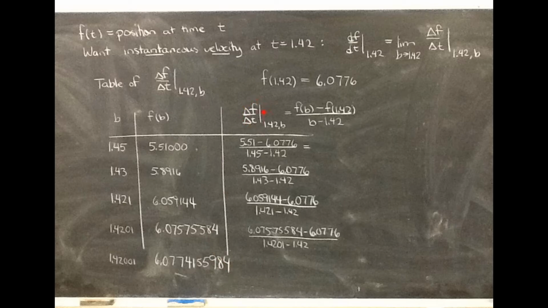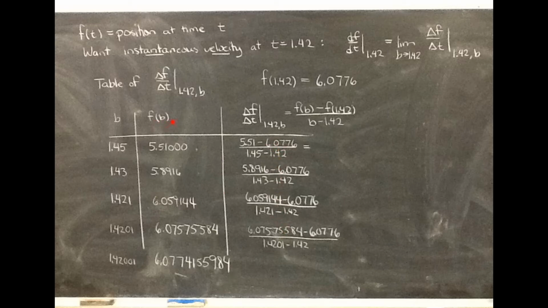My average rate of change is the slope between my 2 points. So I'm going to calculate the value of my function at the second endpoint minus the value at the point I care about. And then I'll divide by the change in time. So it's the change in position over the change in time. And I calculate that. So I've set up the first several fractions that I'll be calculating.